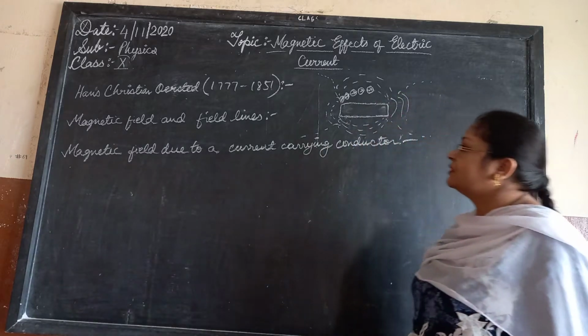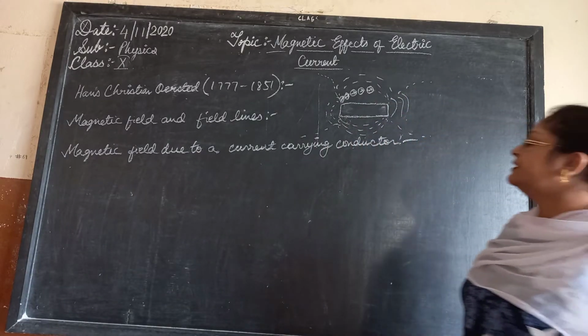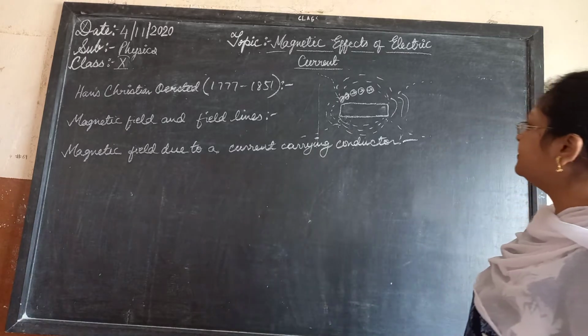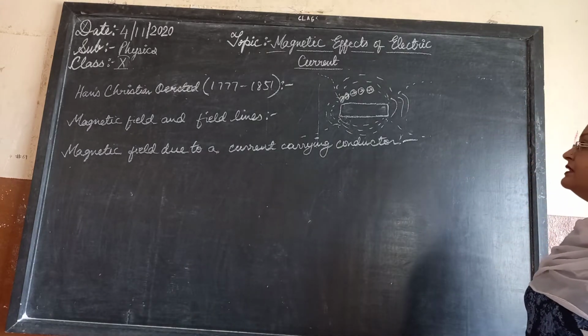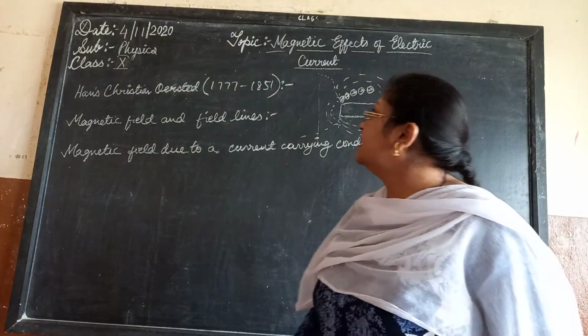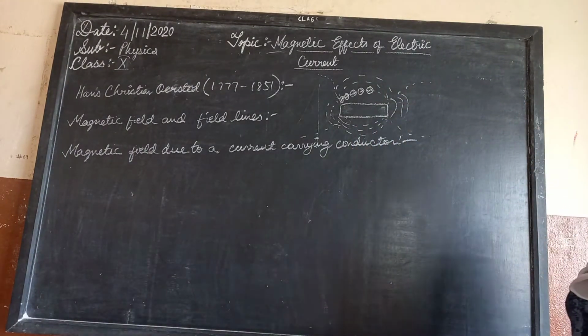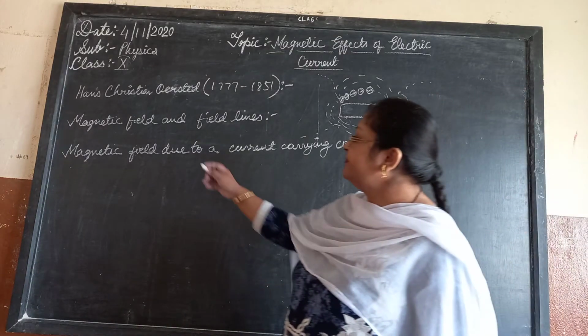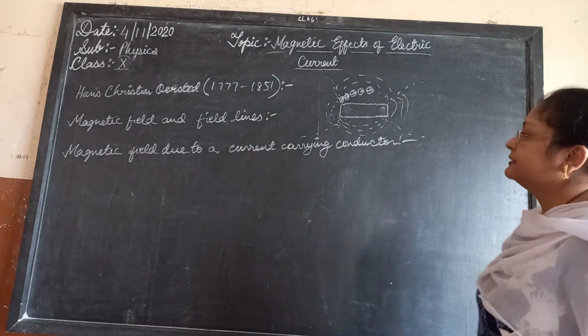This is what we have, the magnetic field lines generated by the compass needle and bar magnet. This is how the magnetic field is developed around the magnet with the help of the magnetic needle.